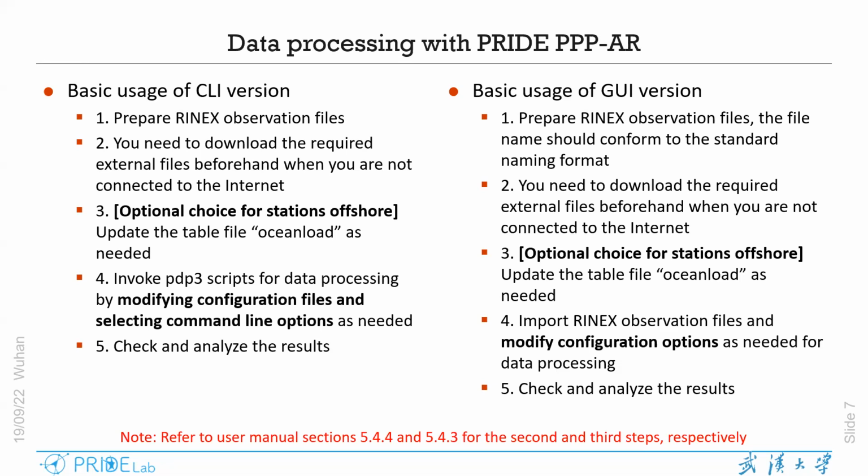And the third step is to update the optional table file, which you can find in section 5.4.3 of the user manual. The difference in usage between the CLI version and the GUI version is that the GUI version requires RINEX observation files to conform to the standard naming format.